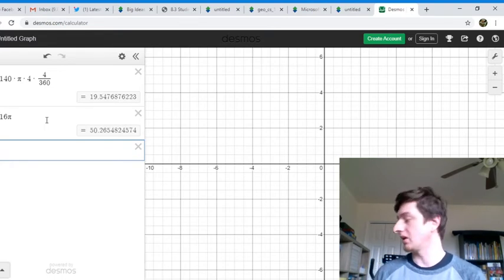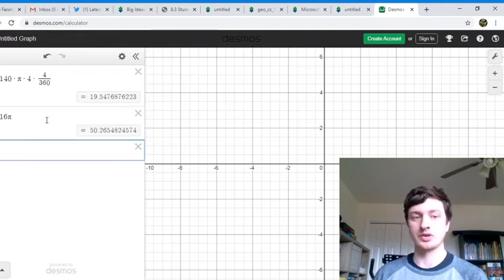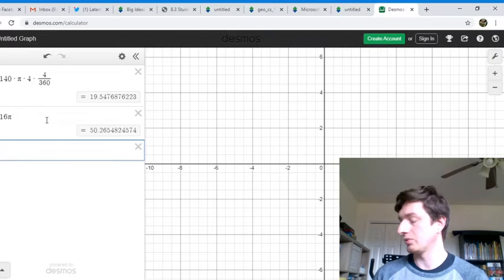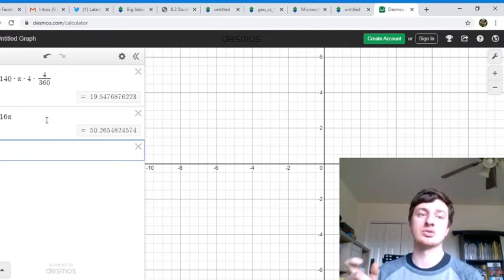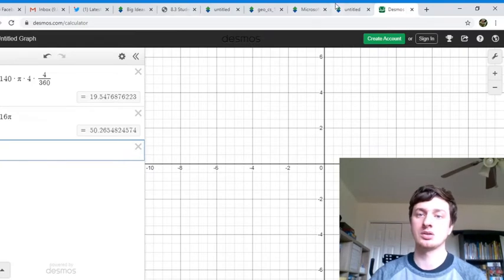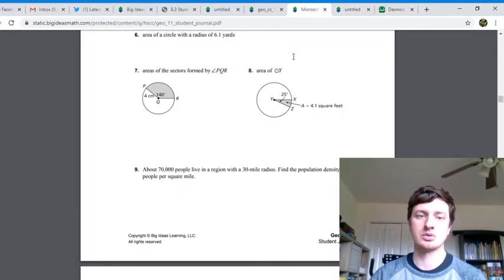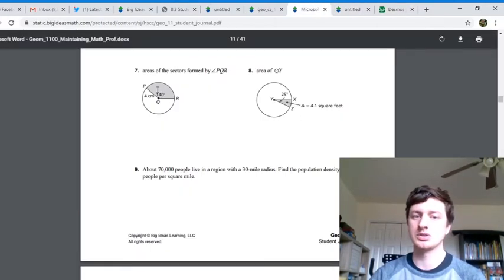So just a piece of that 50 is the 19.54. The whole circle is 50.26 centimeters squared. Just the portion that we're looking at, this little piece, is smaller than the total.